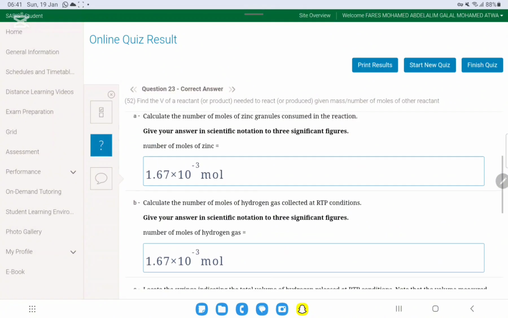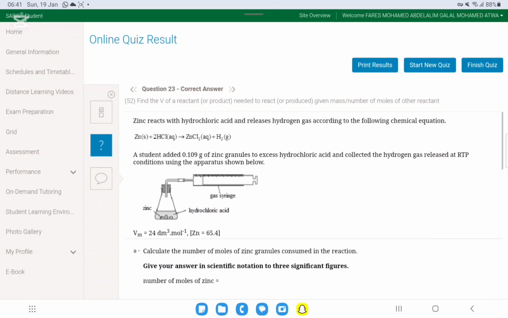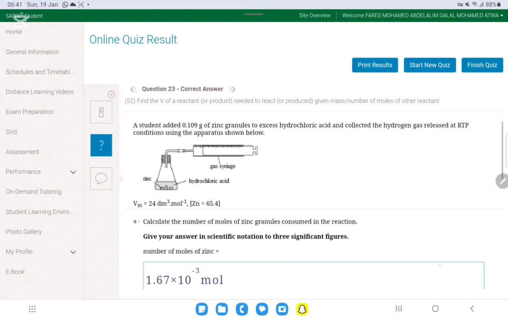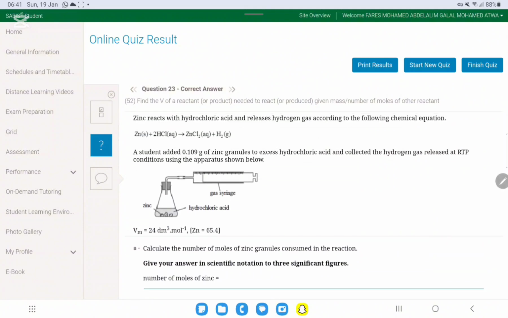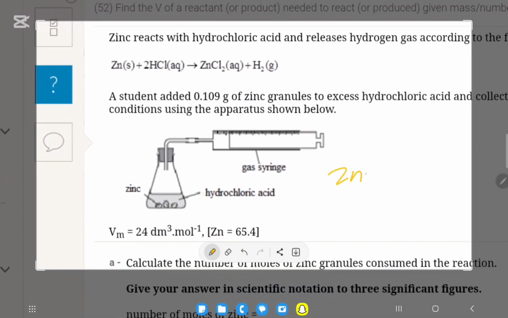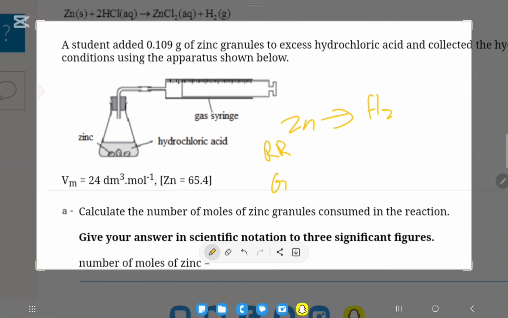Calculate the number of moles of hydrogen gas collected at RTP conditions. They want now the number of moles of hydrogen gas. We already got the moles of zinc. For RRGR we do RRGR.